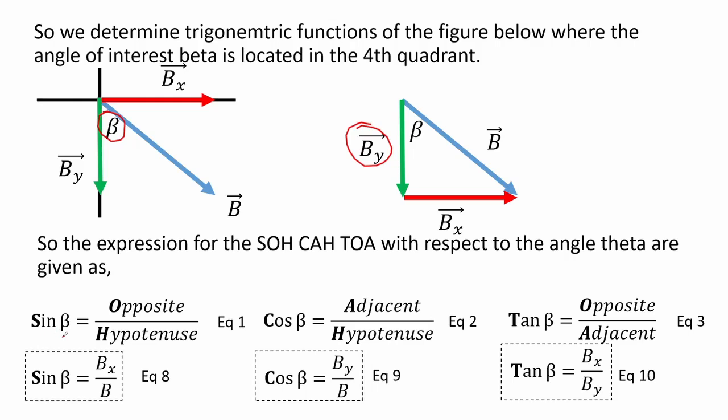For the sine function we have equation 8, where the opposite length is given by the B of x component. For the cosine function we use equation 2 and we get equation 9, where the adjacent length is the B of y component. For the tangent function we use equation 3 and we get equation 10, which is the ratio of the components B of x over B of y.